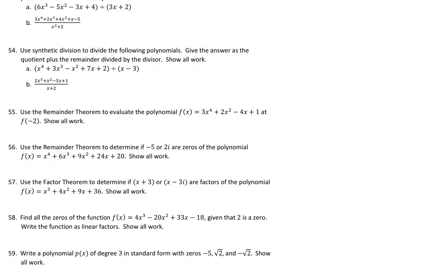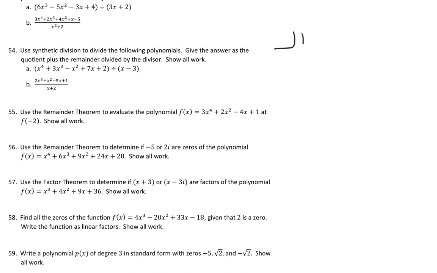Okay, I want to clear the workspace a little bit. Now we're going to do synthetic division to divide the following polynomials. Give the answer as the quotient plus the remainder by the divisor. So, how we do our synthetic division is I'm going to go ahead and put all the numbers on my x squared and stuff.